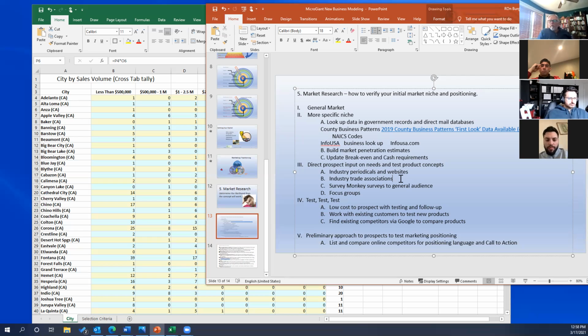It's actually easier to set up focus groups, and focus groups are where you would invite maybe 6 or 7 of your prospective customers together, and then you would have a focus group where you ask specific questions, have discussions.